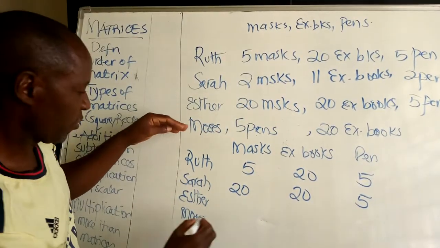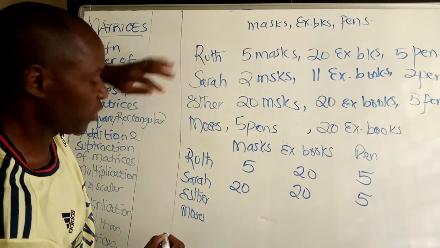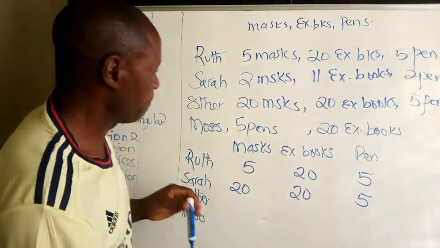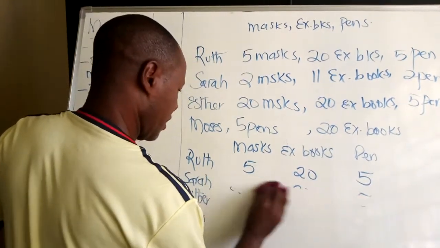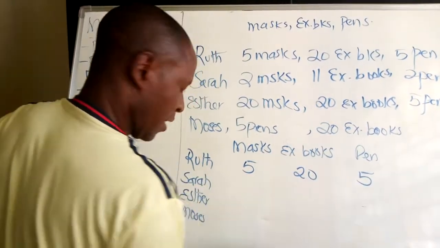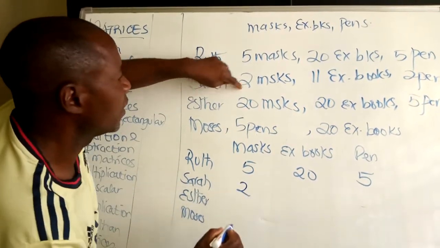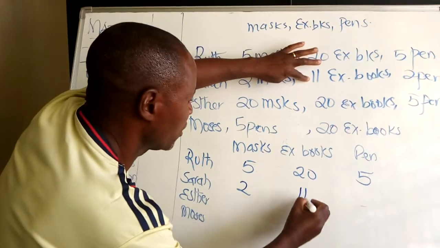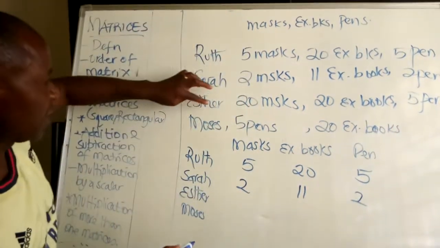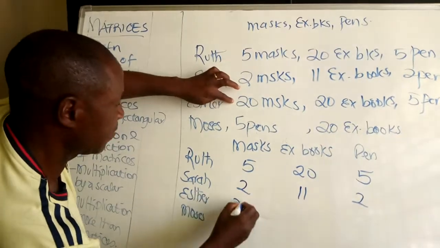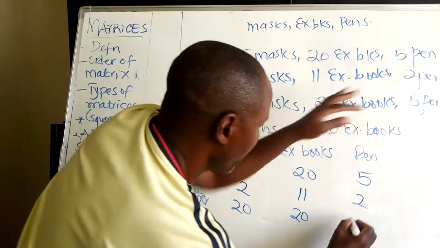Sarah has, I'm supposed to, this one is linked wrong information. Sarah has 2 masks, 11 exercise books and 2 pens. Then it is Moses with 20 exercise books and 5 pens.